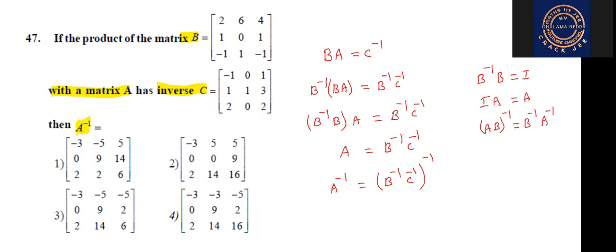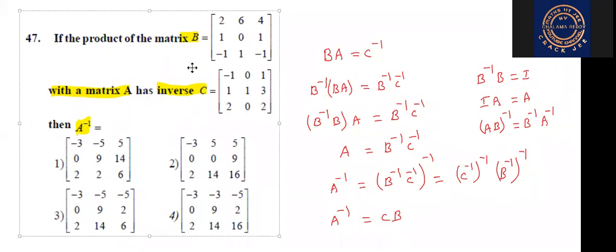So apply it here: C inverse whole inverse, B inverse whole inverse. C inverse whole inverse is C, and B inverse whole inverse is B. So A inverse is the product of C and B.